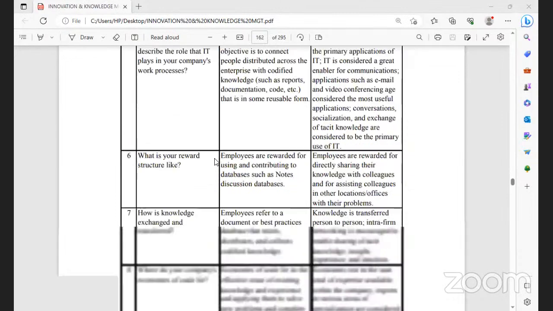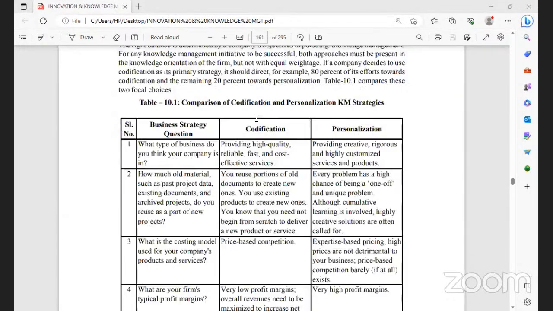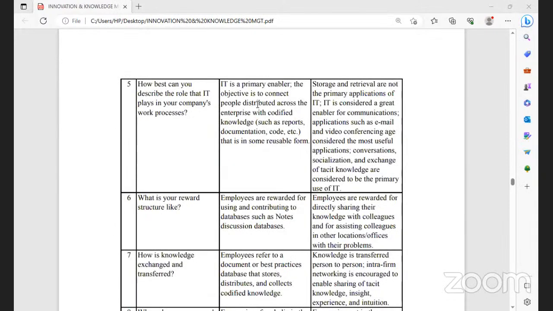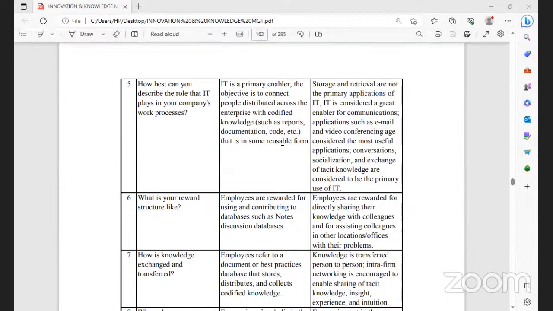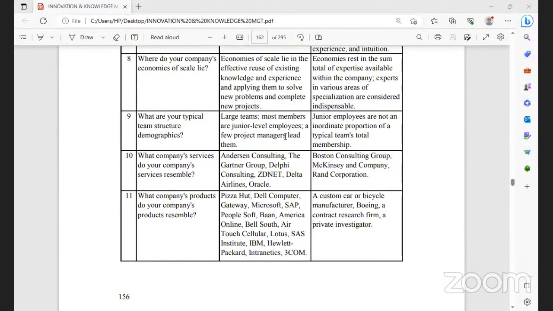Like this, several questions are formulated relating to both codification and personalization. For codification: IT is the primary enabler, employees are rewarded, economies of scale are preferred, and larger teams can be implemented. Examples are Pizza Hut and some consulting companies.